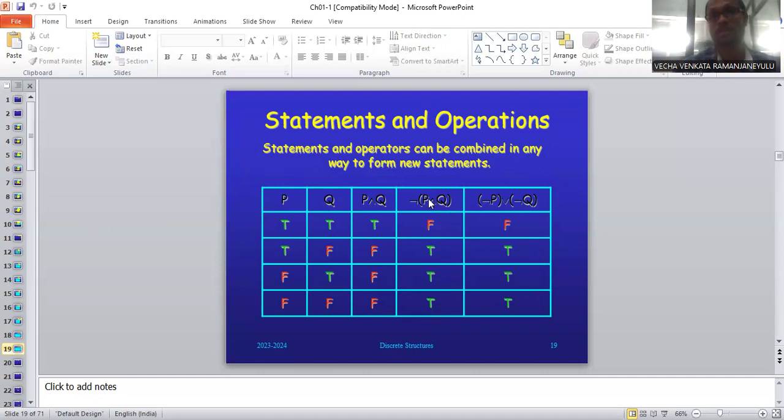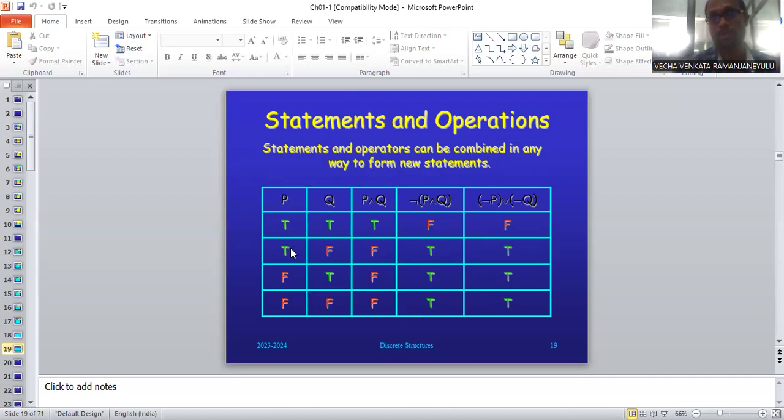Next, negation of (P and Q). Whenever true occurs, then automatically negation is applied and the value is false. This is the negation of P and Q. And one more thing, negation P or negation Q. Here I am taking the P variable true, true, false, false. Whenever true occurs, then negation is applied and false comes.